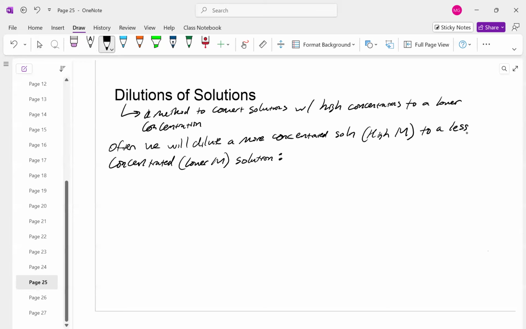Now, how do we do this? We take a small amount of the concentrated solution and add water to it.